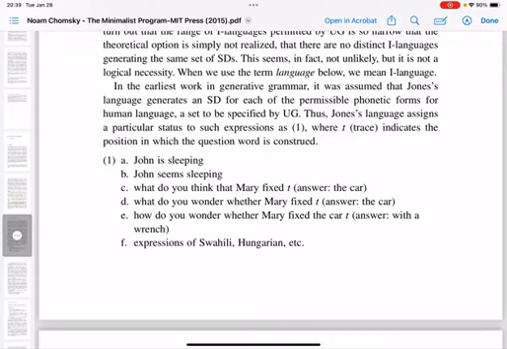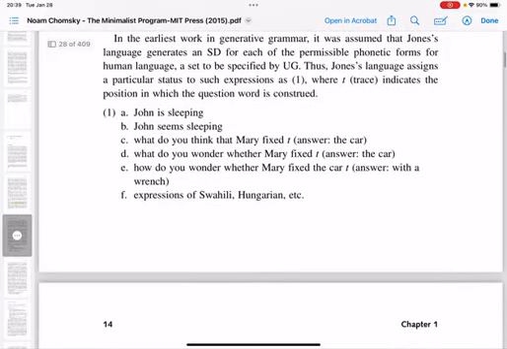Thus, Jones's language assigns a particular status to such expressions as the following, which we are about to read, where T, trace, indicates the position in which the question word is construed. John is sleeping. John seems sleeping. What do you think that Mary fixed? What do you wonder whether Mary fixed?